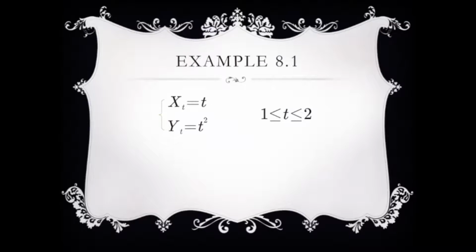So the first example that we are going to use for surface area of a parametric function is the parametric function x(t) equals t and y(t) equals t squared from t equals 1 to t equals 2. And for this first example, we are going to rotate this entire parametric function around the x-axis.